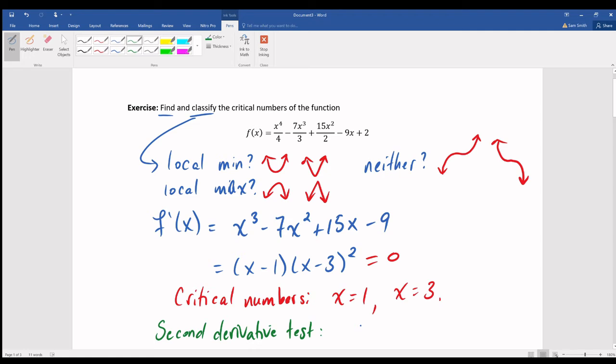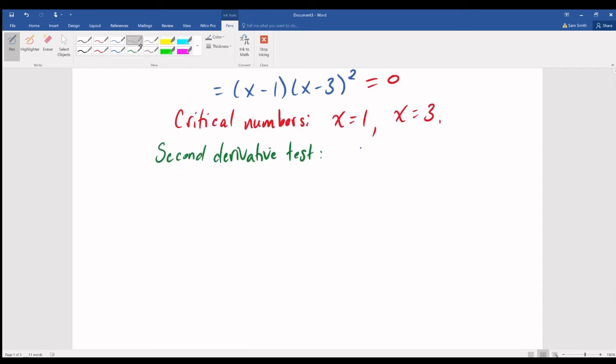It says, okay, look at these drawings that we made when we were talking about local mins and local maxes. Oftentimes, if you have a local min, then the graph will resemble a parabola that opens up at that location. So the graph will be concave up at a local min. And conversely, the graph will be concave down at a local max.